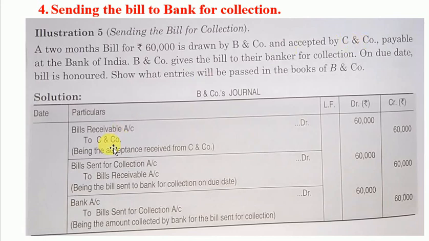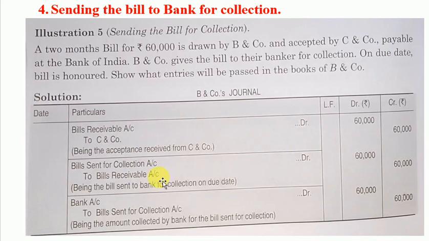Now, since the line says B and Company gives the bill to the banker for collection, here is the new entry which says bills sent for collection account debit to bills receivable account, being the bills sent to bank for collection on due date 60,000, 60,000. So here is this new account opened. Bills sent for collection account will be debited and the bills receivable will be credited because bills receivable is going from drawer to the bank.